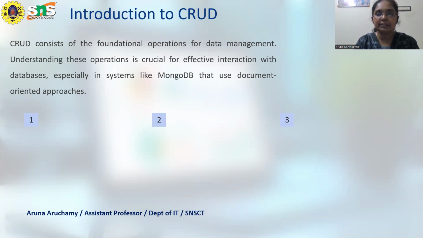All the tuples, that is the fields, are stored in terms of a document. That document is identified with the help of an object ID, and each document contains a single object ID. A database can have many collections, and a collection can have many documents. This is how data is stored.